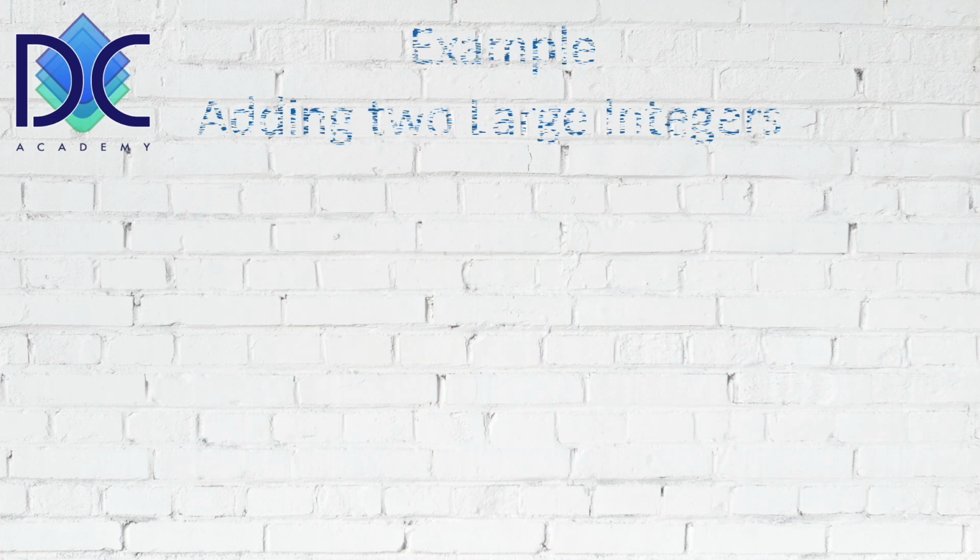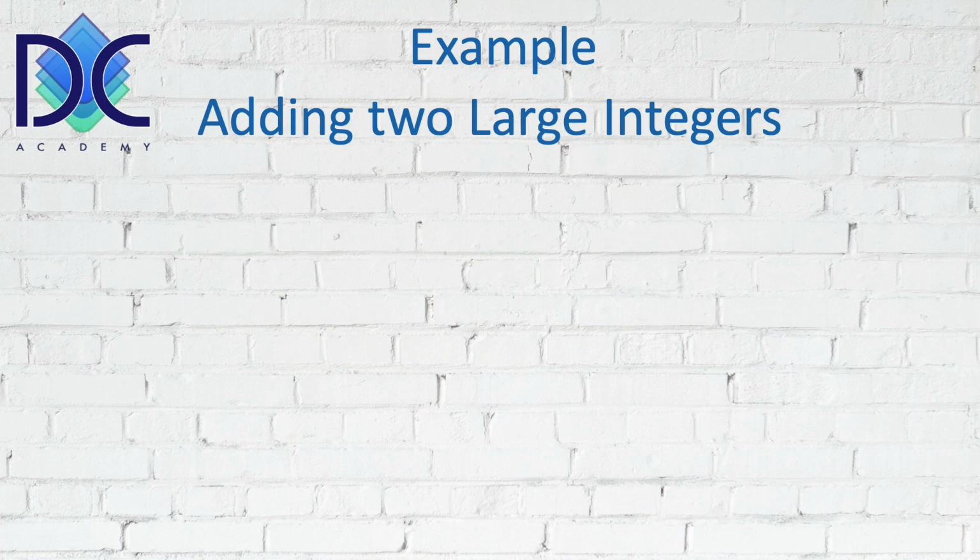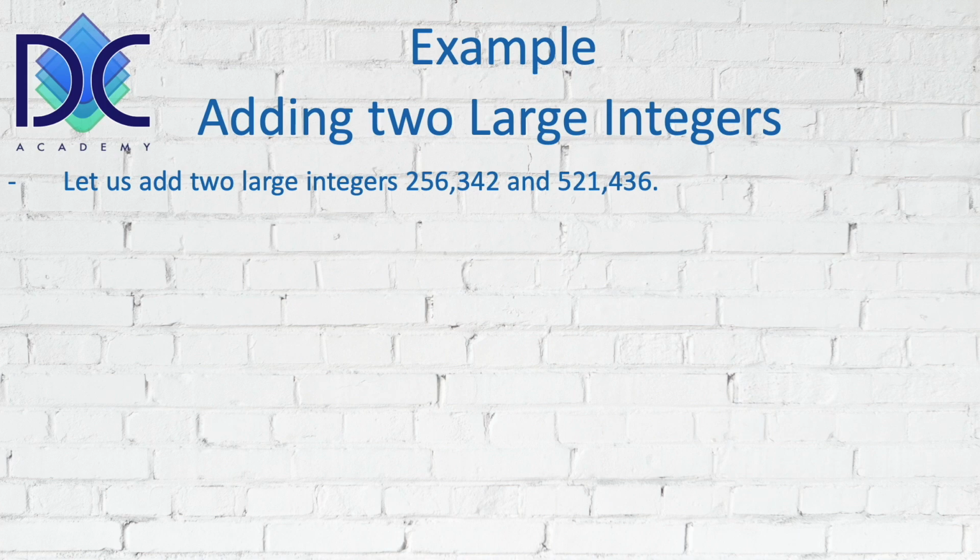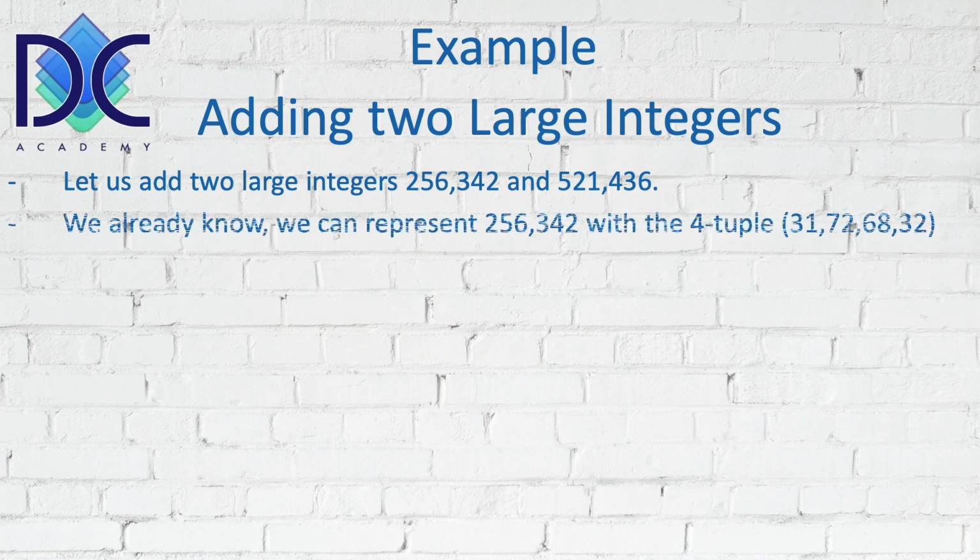So that's the first step in the operations. The next thing that we have to do is we're going to add, for example, two large integers. We want to add the integers 256,342 with 521,436. We have the first 4-tuple we already found in the previous video, which is 31, 72, 68, and 32.